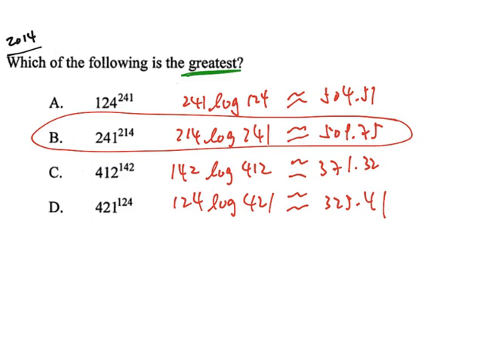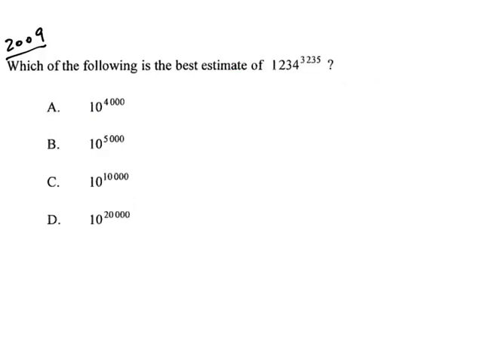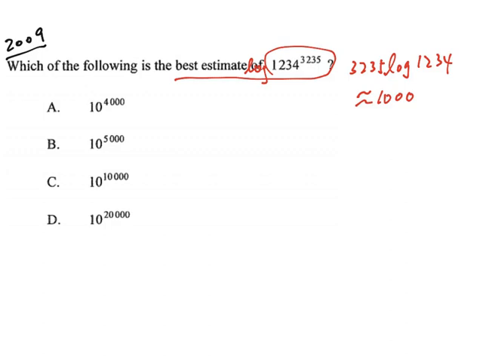Finally, try to do 2009. This time you need to see the best estimate of this one. Let's check it. Same, we need to take log. So when we take log here, it becomes 3, 2, 3, 5 log 1, 2, 3, 4. So you can get it is 10,000.